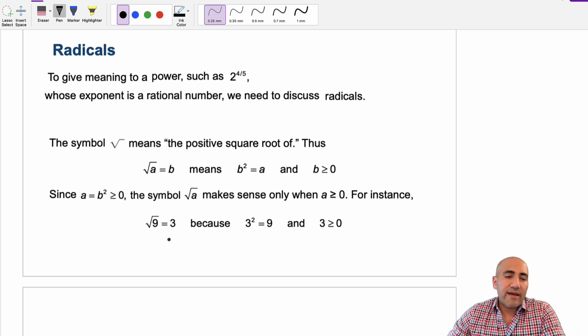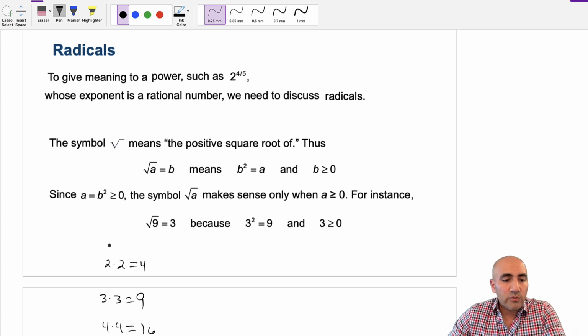This goes back to the idea that this notation is really the reverse of multiplying a number times itself. We learn how to multiply, we learn our multiplication tables. 2 times 2 is 4. We learned that 3 times 3 is 9. We learned that 4 times 4 is 16. So we're multiplying.